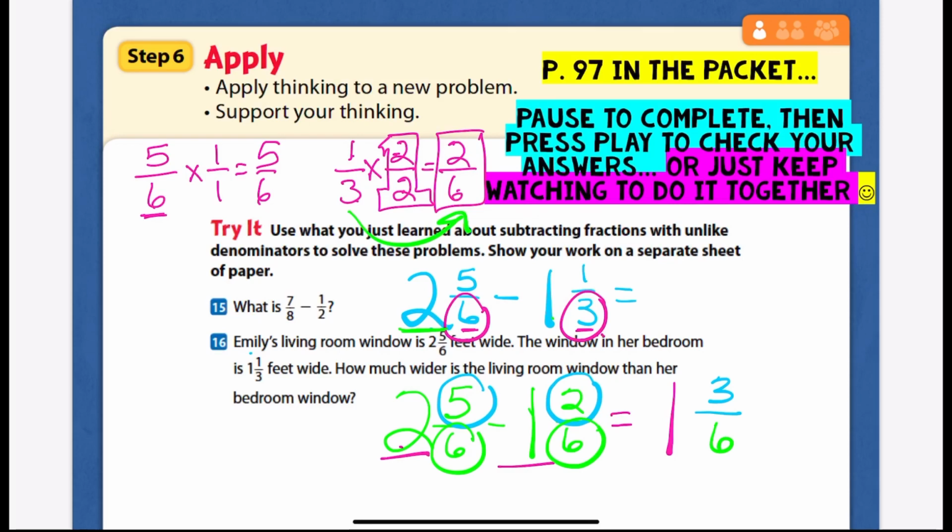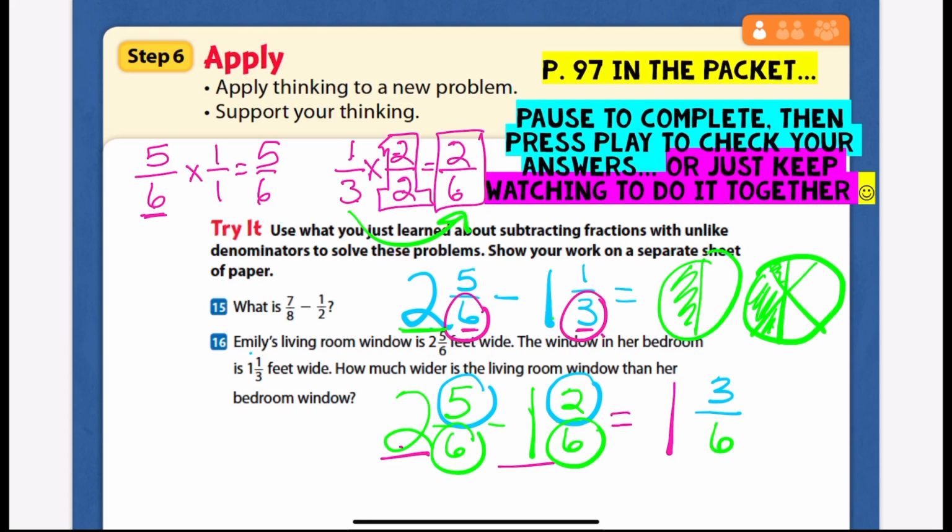Okay, and if I look at that, I actually know that 3 can go into 6. So 3 can go into 6 2 times. Let's pretend these are all equal pieces. 3/6, 1, 2, 3, is the same thing as 1/2, actually.